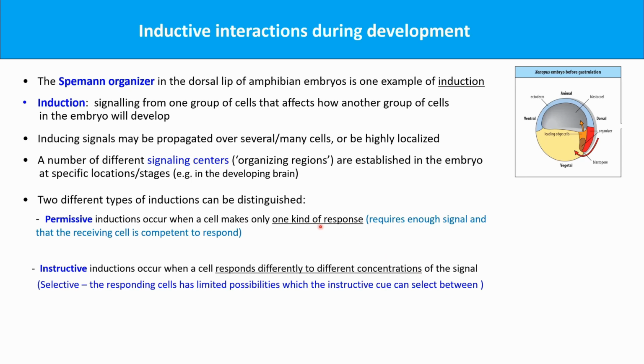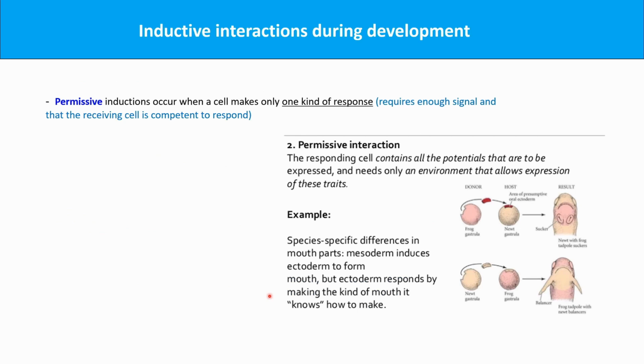In the permissive case, there is only one kind of response. It's on or off to receiving a signal. But in the instructive case, there are different fates that are possible for that cell in response to the same cue. And there are examples here to help us understand the difference.